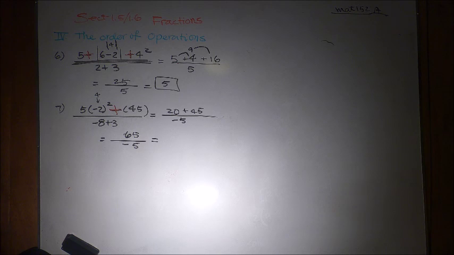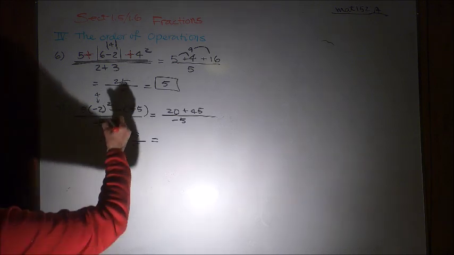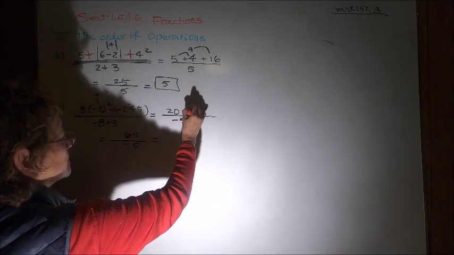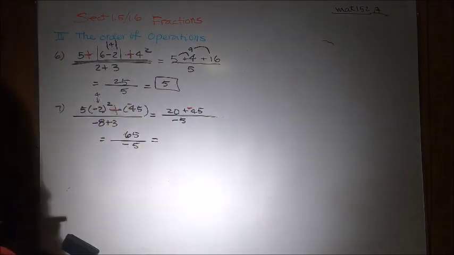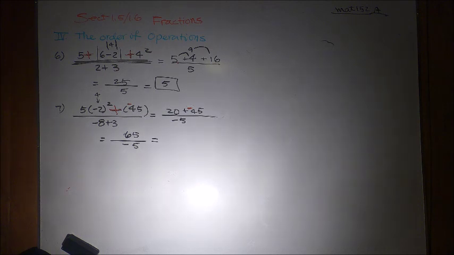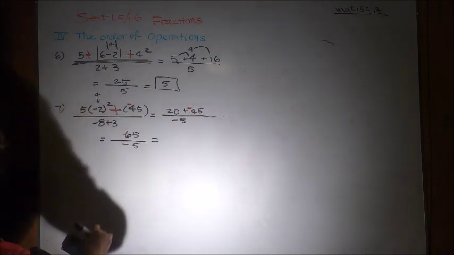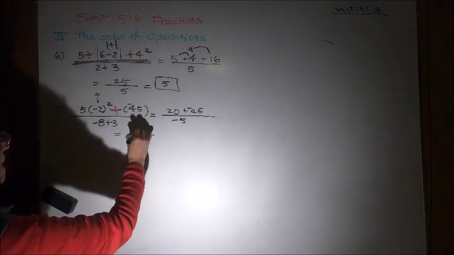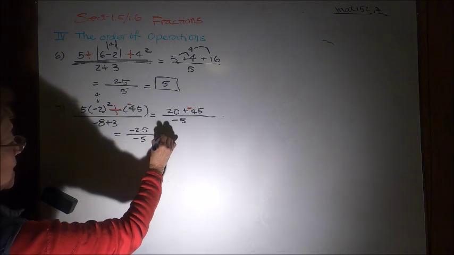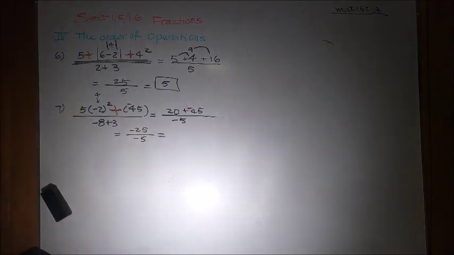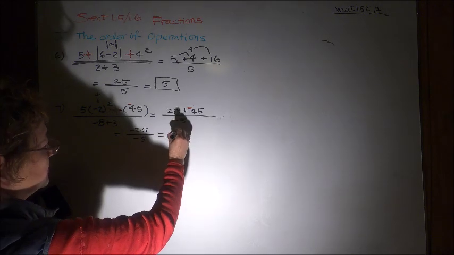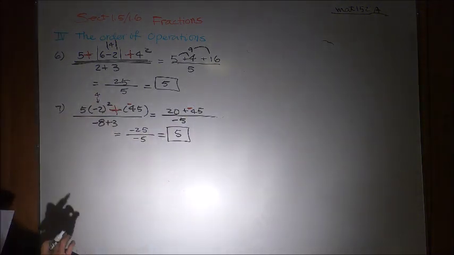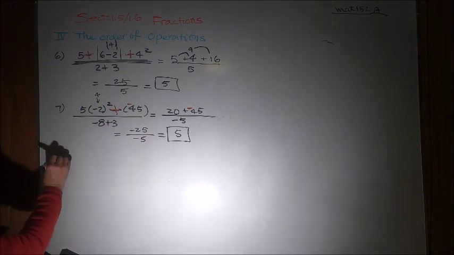Oh, I was looking at my answer key. That's why. This is a negative 45. Right? So 20 plus negative 45, that should be what? Negative 25 divided by negative 5. So, negative divided by negative, positive. 25 divided by 5. So, answer is what? 5. Are we good?